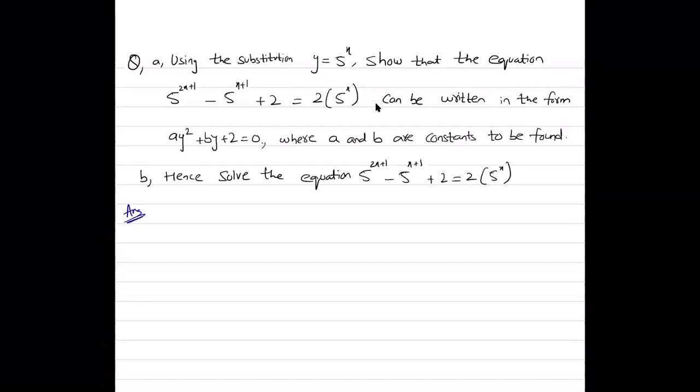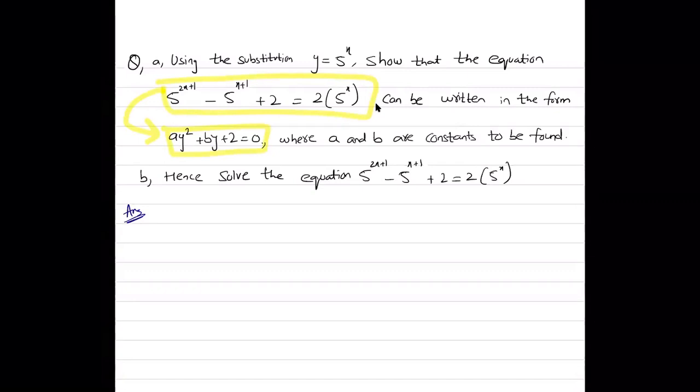The substitution is given to us in this question, that is, take y equals 5 raised to the power of x, and substituting y instead of 5 to the power of x, you need to show that this equation can be written in this form. So this is an equation in terms of y. You need to replace 5 to the power of x in this equation and reduce it to the equation in y. Would you like to try this on your own first?